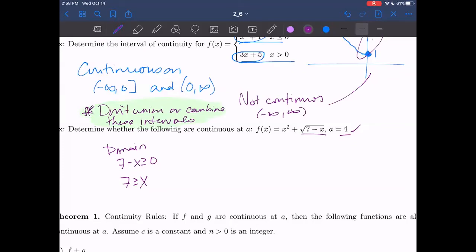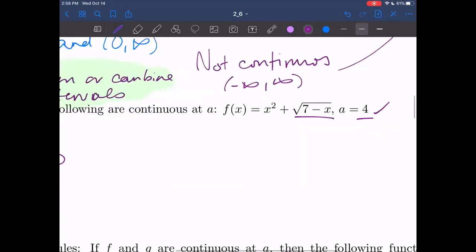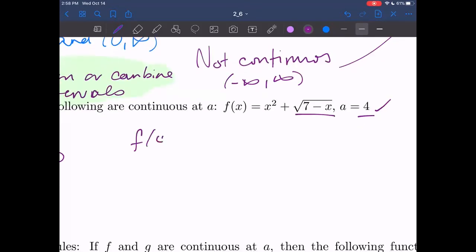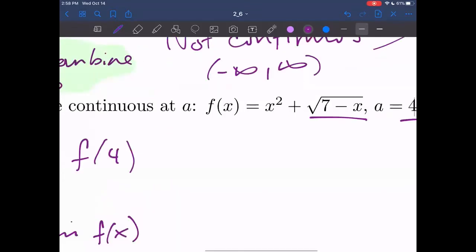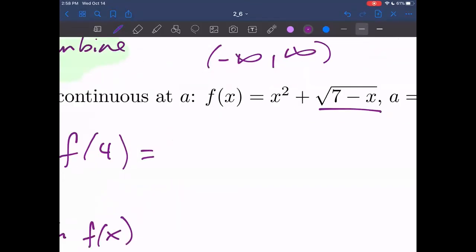All right, so then we can compute f of 4 and the limit as x approaches 4 of f of x, and see if they're equal. Computing f of 4, we get 4 squared plus root of 7 minus 4, 16 plus root 3.